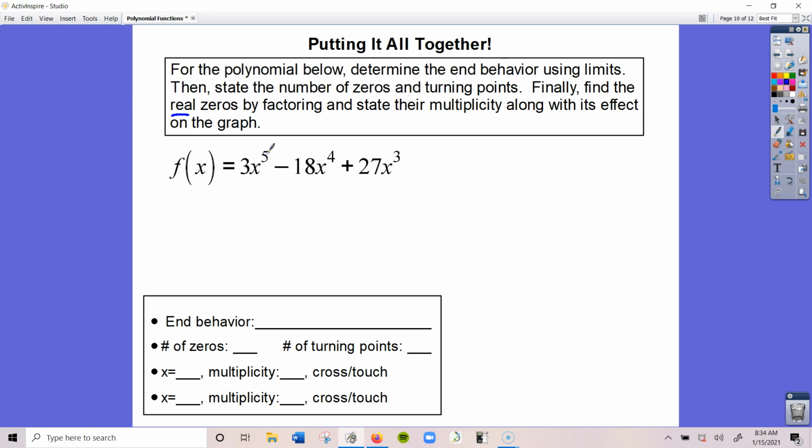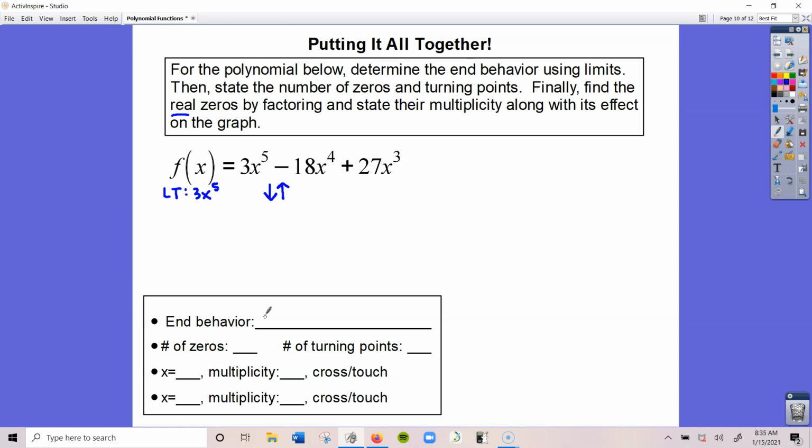So here we have my leading term, which is 3x to the fifth. Because my leading coefficient is positive, that means that the right side is going to go up. And because it's an odd exponent, that means that the left side is going to go down because it's got to go in the opposite direction.